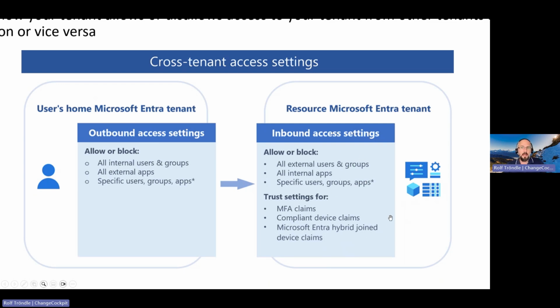Also for compliant devices, if it's compliant in the user's home tenant, we can trust this. But we can do that, we don't have to configure this trust so deeply.